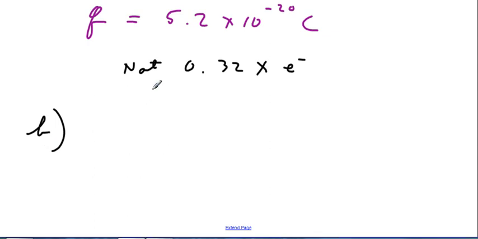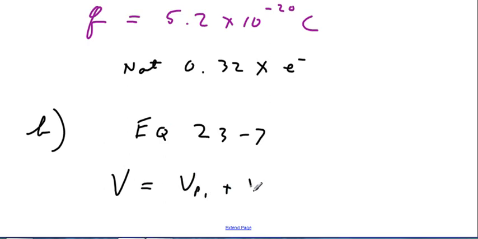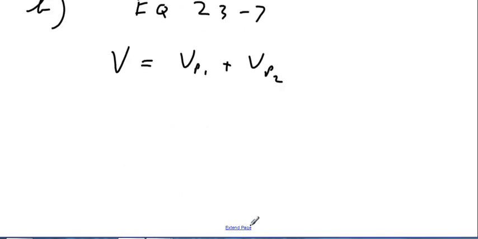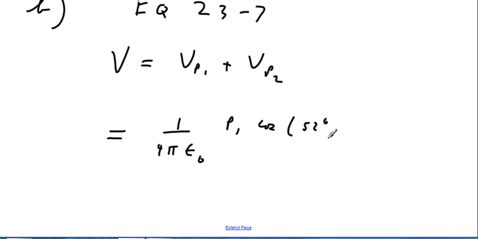Okay, so I'm going to use equation 23-7, and I'm going to say the voltage is caused by the first dipole plus the voltage caused by the second one. So I have 1 over 4 pi epsilon naught, P1 cosine of 52 degrees minus some angle theta.